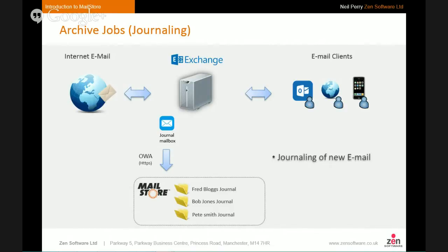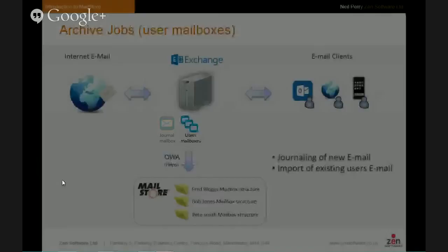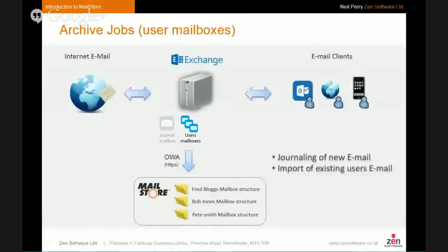But what about all that existing email that users have in their mailboxes? And more importantly, how do we take control of all of this mail that users are storing? This is where we set up a second job, and this second archiving job is designed to actually go and collect users' mailboxes themselves.